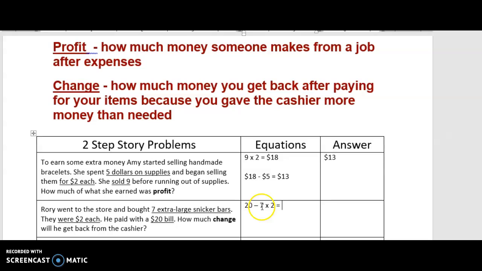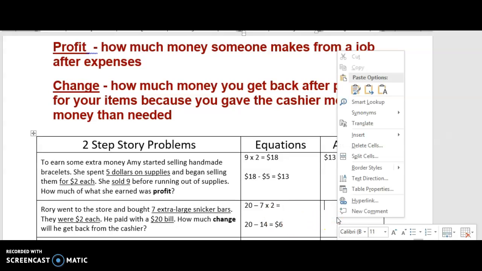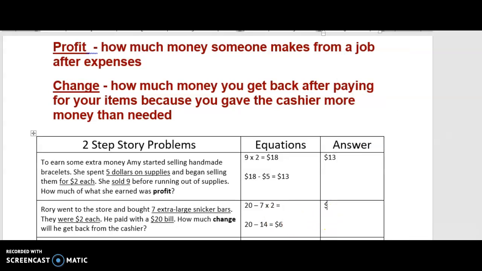Well, multiplication first. 7 times 2 is 14. So 20 minus 14 would equal $6. So he still has $6 left to spend. Should my answer have been less than 20? Yes, because he started with 20 and bought something, so his number had to get smaller.